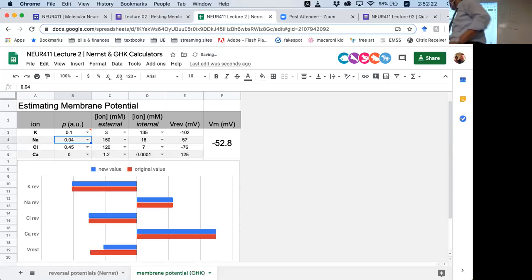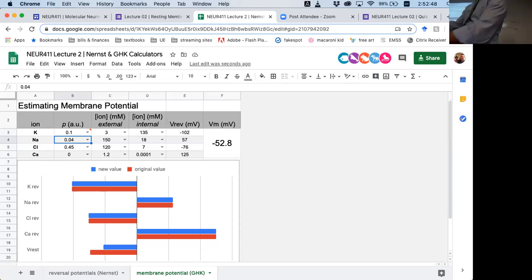Now down here, what we're looking at would be the reversal potential for potassium, the current value, and the original value. So this is what it should be for potassium, sodium, chloride, and calcium. You can see the reversal potentials. When we change the permeability, we've done nothing to change the reversal potential.